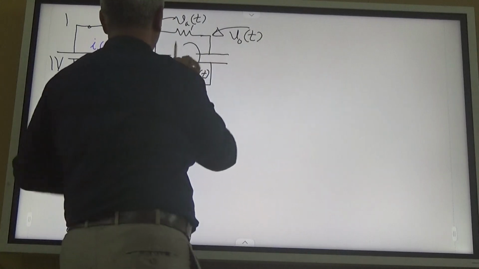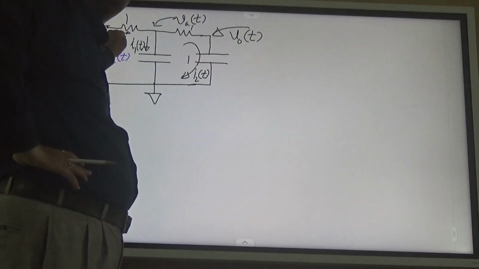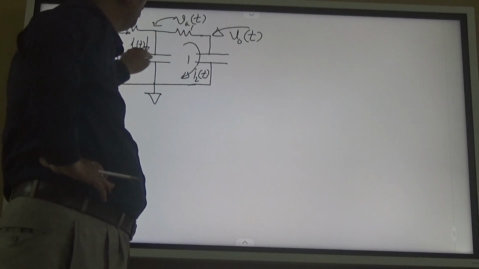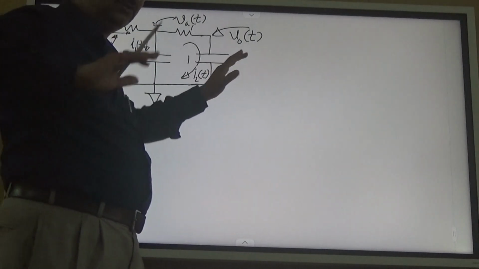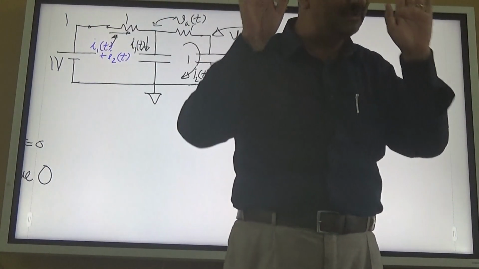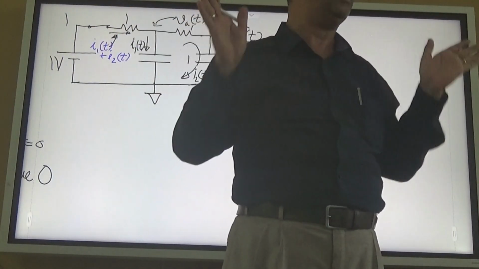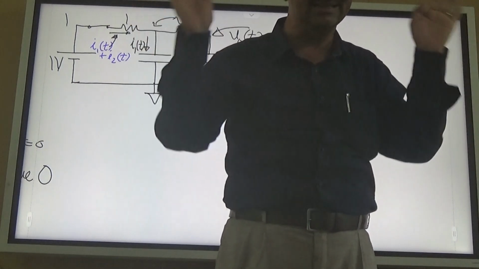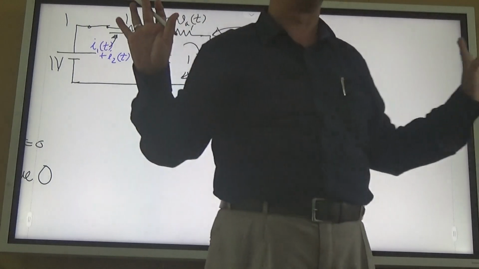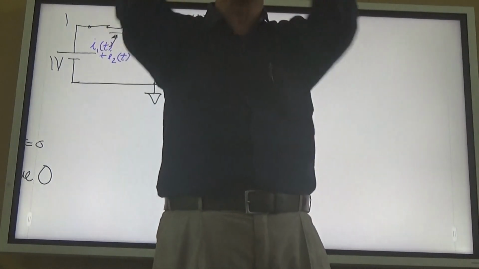Now from this resistance the current is I1T plus I2T, from this resistance the current is I2T, for this capacitor I1T, for this capacitor I2T, right? So for both resistances I know the currents, for both capacitances I know the currents, and I know the relationship between voltage and current for a resistor and for a capacitor. So I can write down 4 equations.